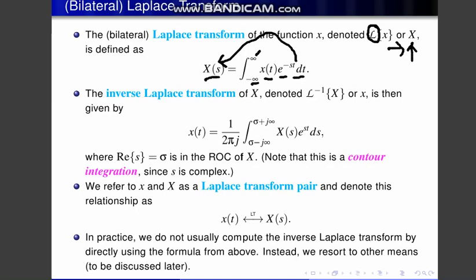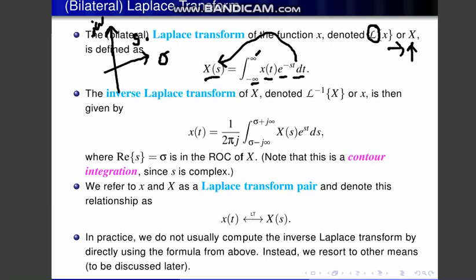It is mainly dependent on s, the complex variable. You probably know that on the x axis there is sigma, and on the y axis there is j omega. So that is the s plane, a complex plane.